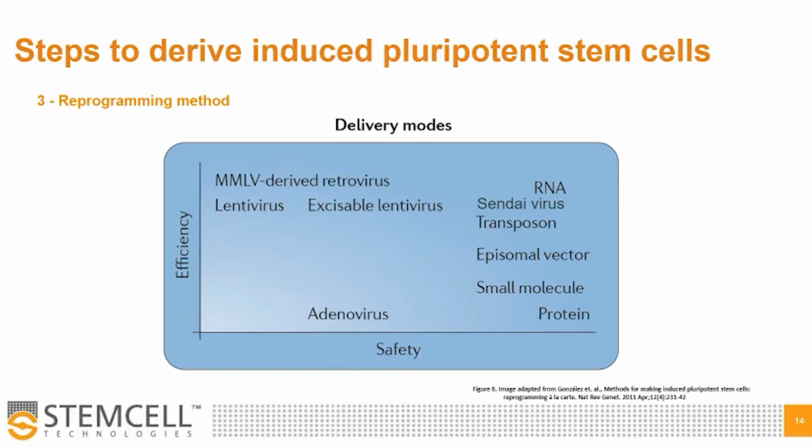The delivery of the OSKM transcription factors into mouse or human fibroblasts was originally achieved using MMLV-derived retroviruses and also lentiviruses. Lentiviral delivery vectors have also been successfully used to express different sets of reprogramming factors in somatic cells.